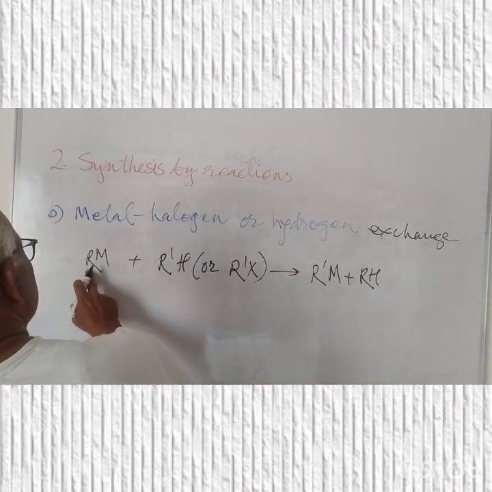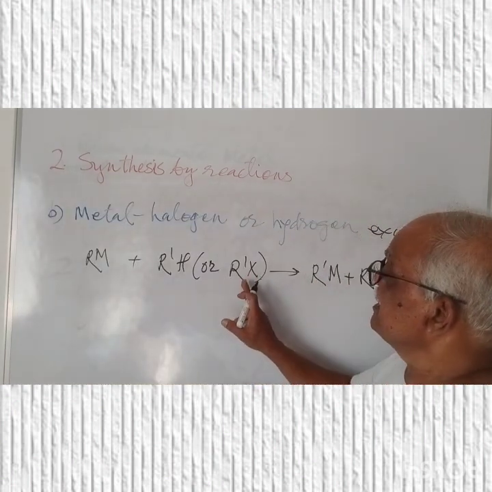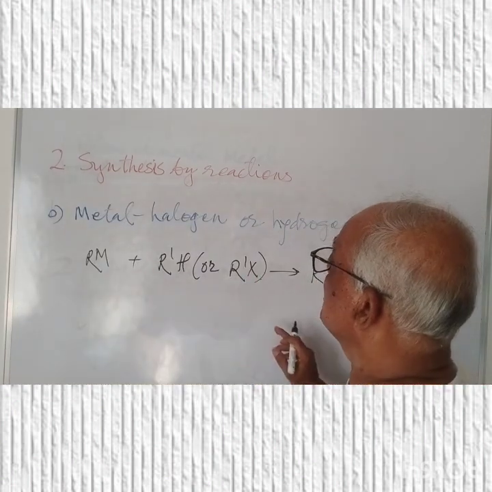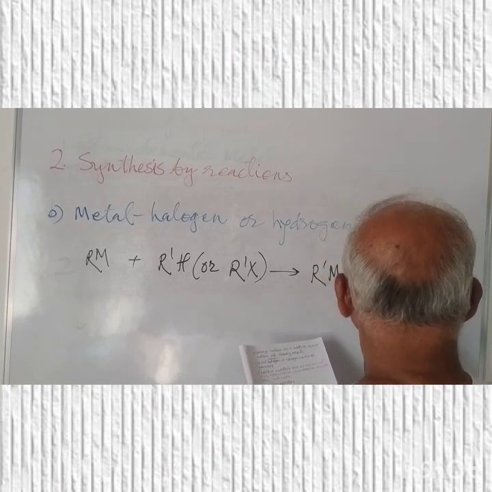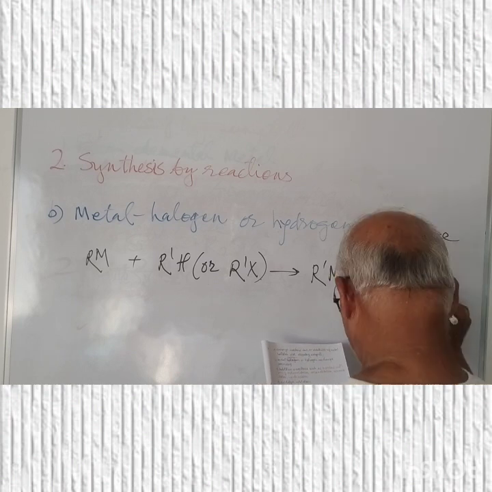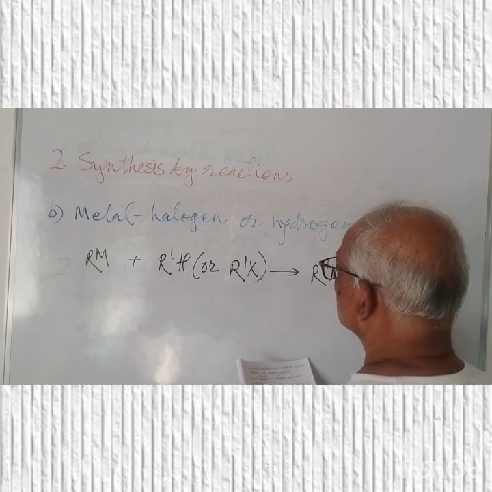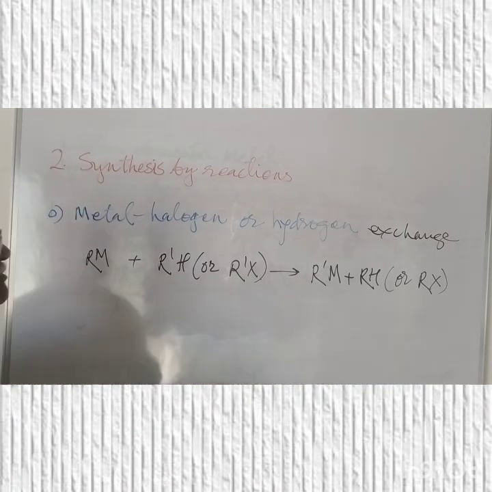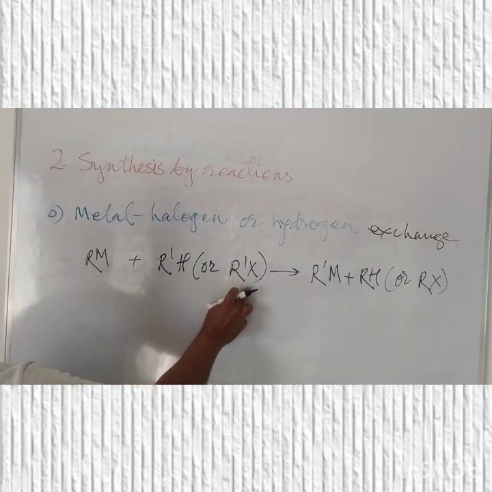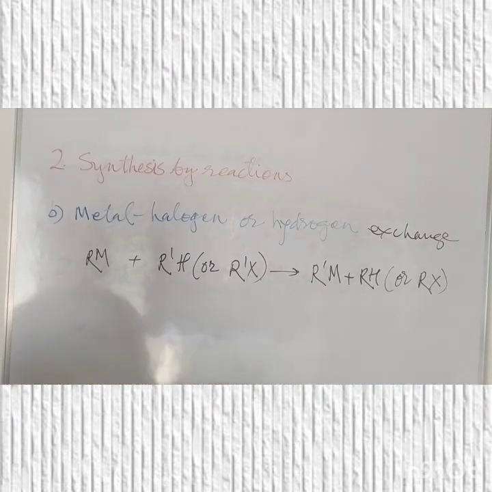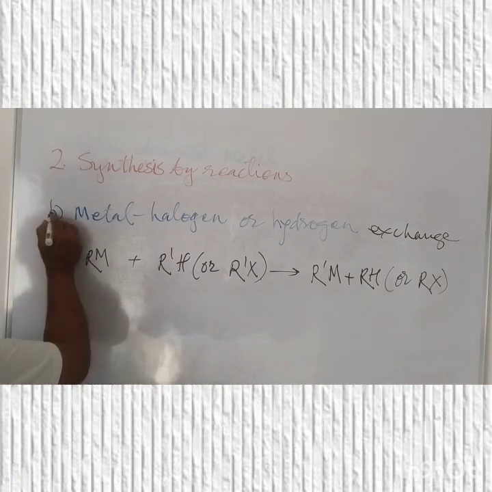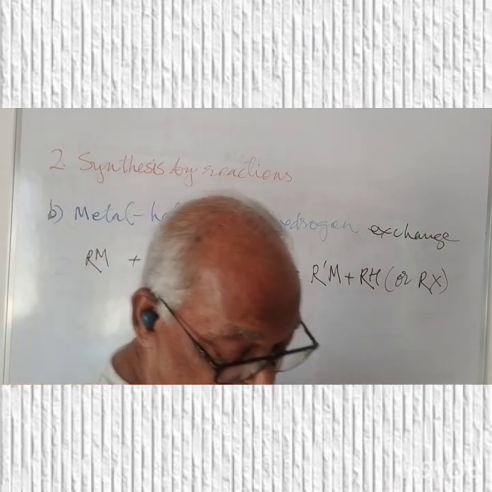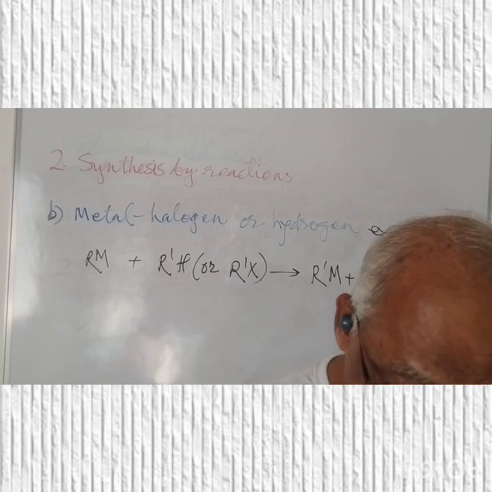This H goes with this R, or RX. Means if we use this R prime X, it will give RX. So this is the second type of method by which organometallic compounds can be prepared.